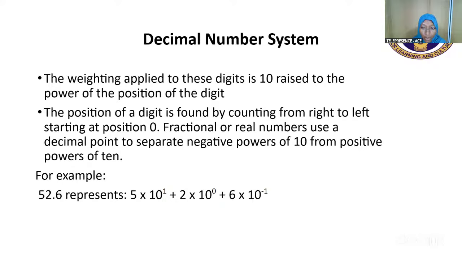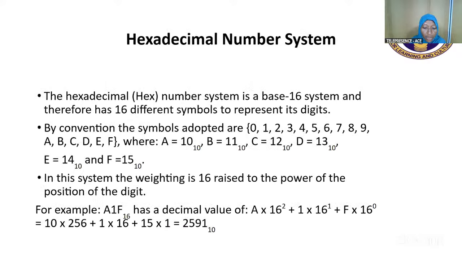So we are on the decimal number system, and I've given an example here. Then the hexadecimal number system. The hexadecimal number system is a base 16 system, and because it is base 16, it has 16 digits from 0 up to 15.